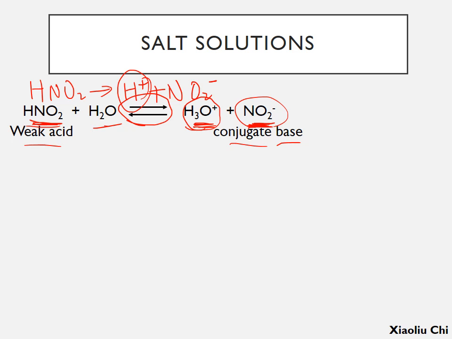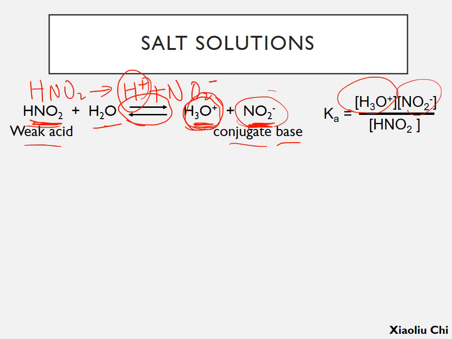The reaction has an equilibrium constant. The equilibrium constant is the products divided by reactants. In this case, the products are hydrogen ion and the nitrite ion, divided by the weak acid and water. But water is a constant. Water concentration doesn't change.